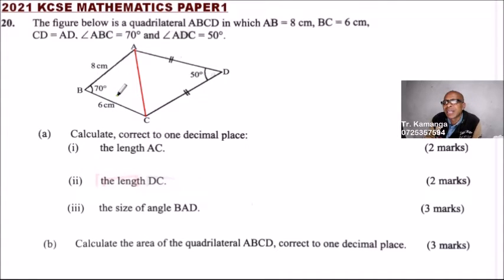So this is A, this is our C, and this is our B, where our B is the AC.